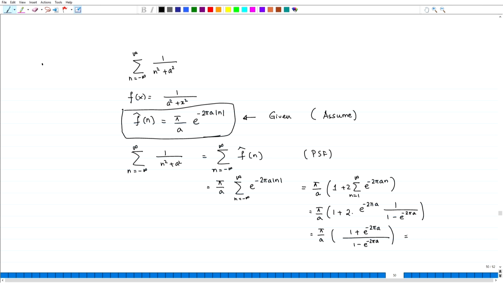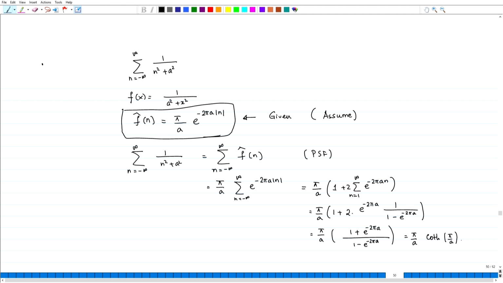This is a well known formula. What we know is that this is pi by a coth of pi a. We know the formula that the sum over n from 1 to infinity of 1 over n square is pi square by 6. Now, if I shift it by n square plus a square, I am going to get that this is pi by a times coth of pi a. Okay.